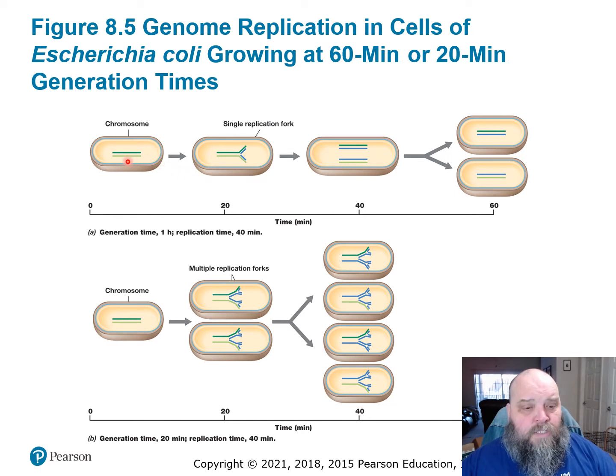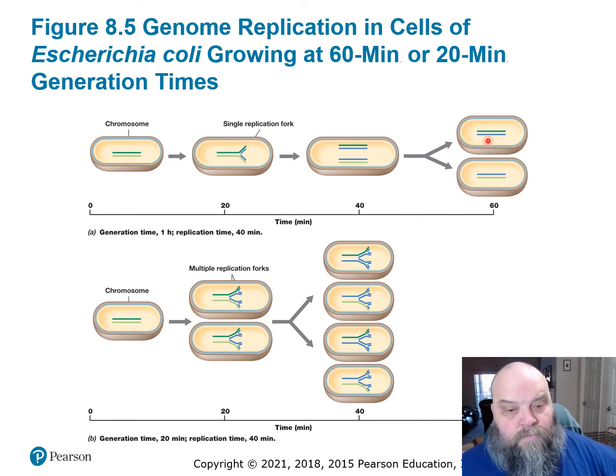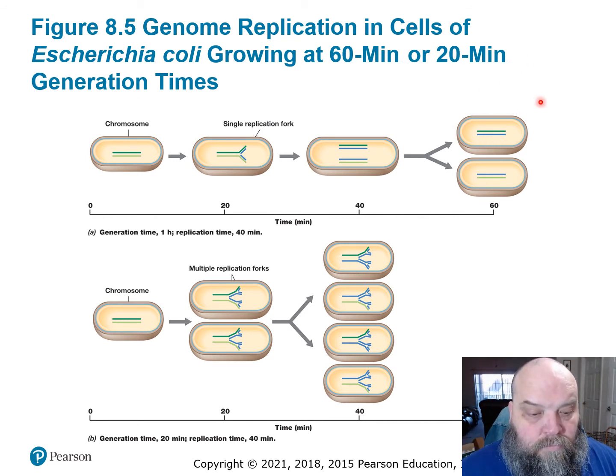So if it was just one single replication fork occurring, you start at one end, you go, it would take 3 times as long to go from 1 to 2 cells. And those cells, well, they're kind of stuck.